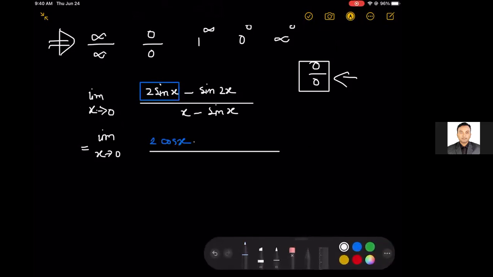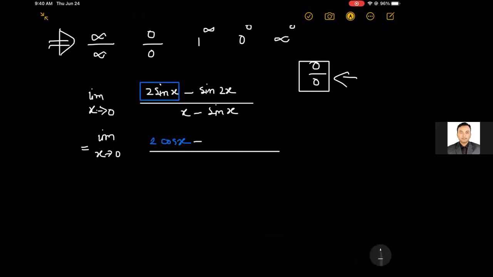Minus, what about sine 2x? Anyone? Two cosine 2x. How do you do that?